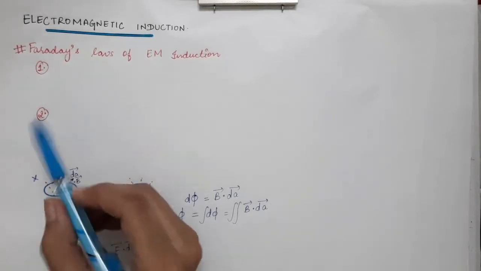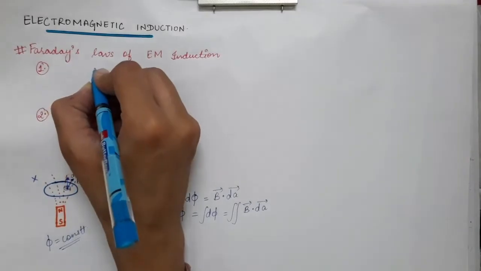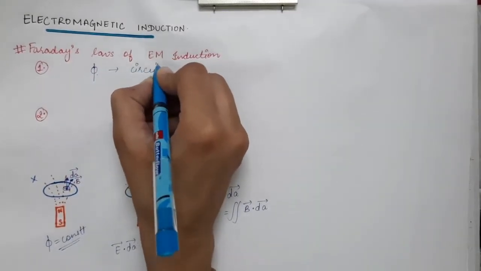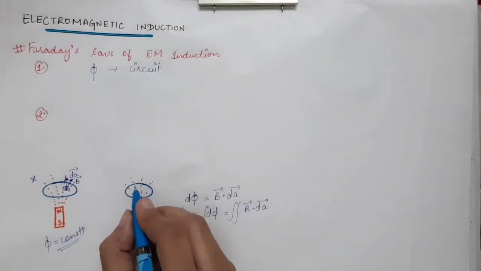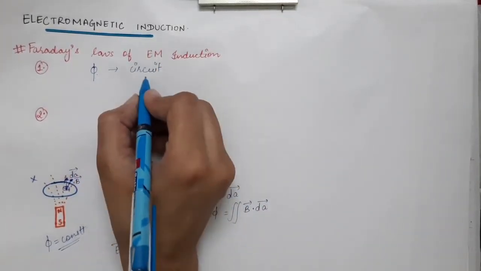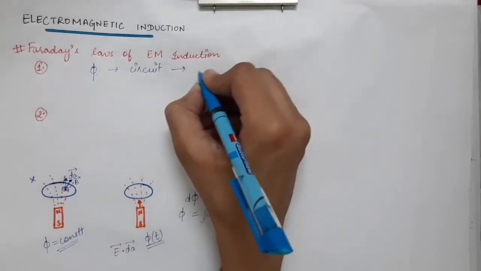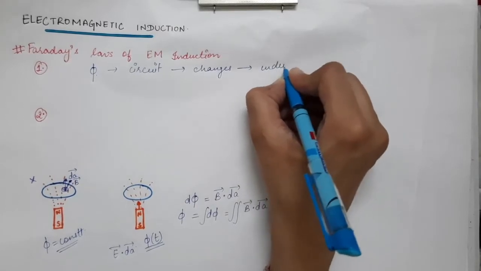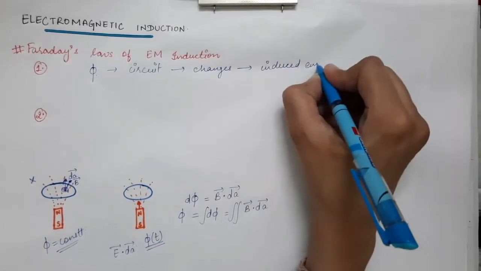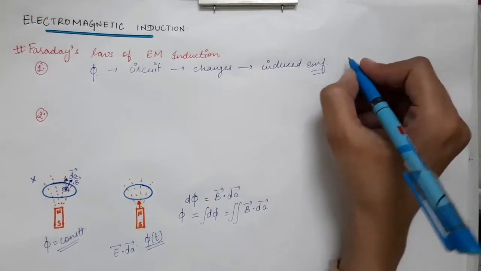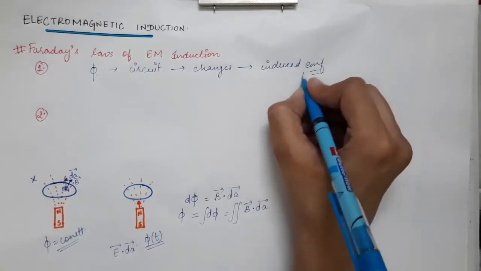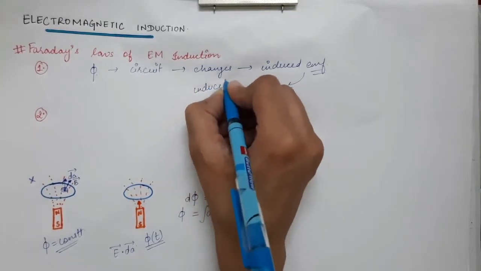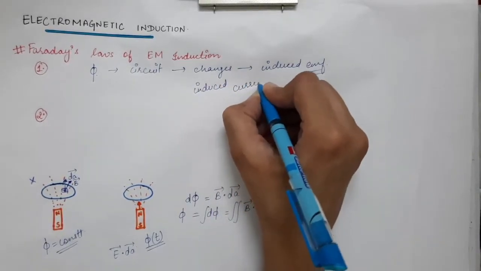So the first point states that whenever the magnetic flux linked with a circuit, in this case a circular loop, changes, induced EMF, a potential difference, is set up in the circuit, and if the circuit is closed, you will see induced current flowing in the circuit.